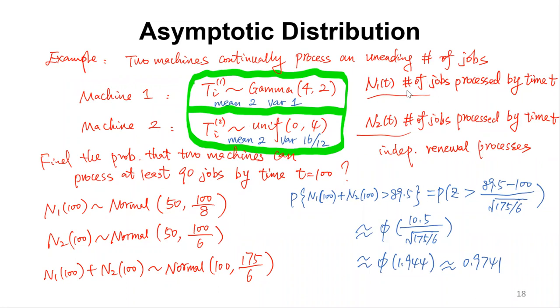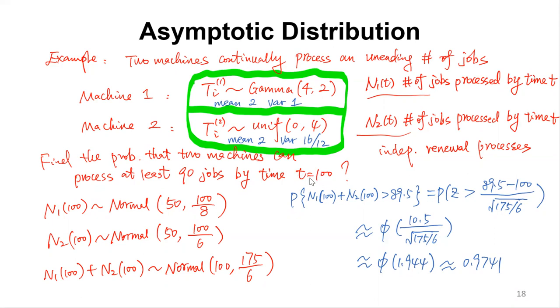N1(t) is the number of jobs processed by time t by machine 1, and N2(t) is the number of jobs processed by time t by machine 2. Find the probability that the two machines can process at least 90 jobs by time t equals 100.